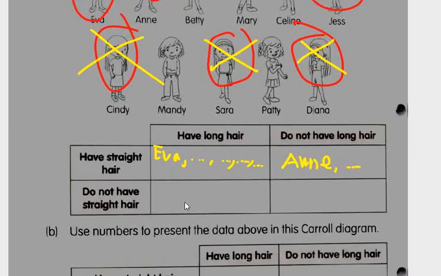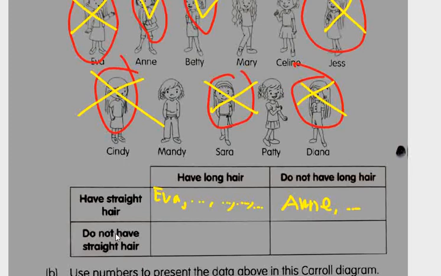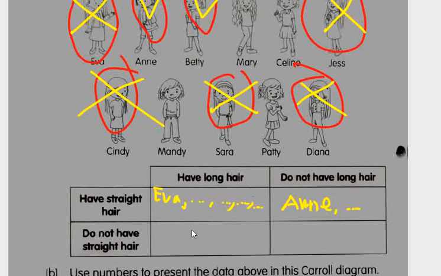Now, who don't have straight hair? Okay, so those who are curly and have long hair. Okay, so decide and put your answer here. And those who have straight hair but do not have long hair, put the answer here.